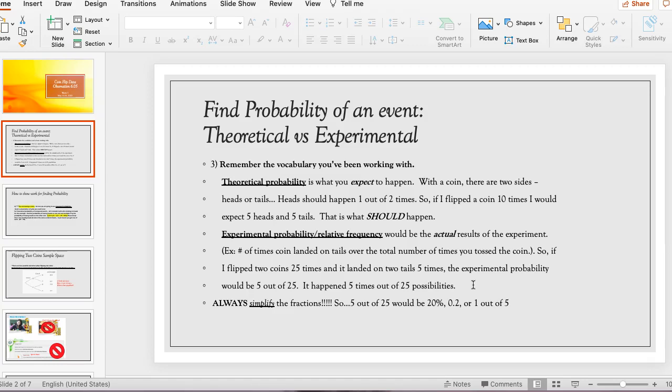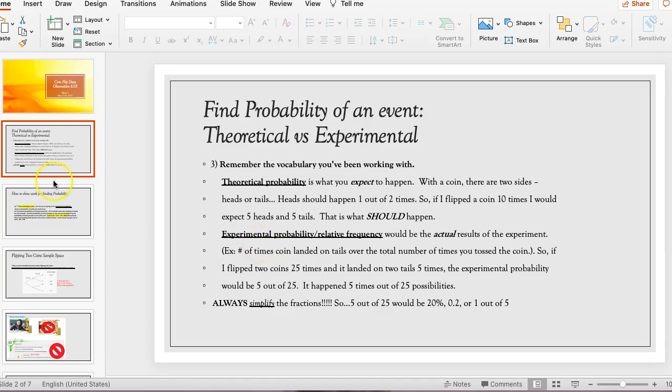Percent is usually how they are going to ask for probability, but technically you should be able to convert fraction, decimal, percent, and always have the fractions simplified. So 5 out of 25 times that both coins landed on tails would be simplified to 20% probability, 2/10, or simplified fraction 1 out of 5.